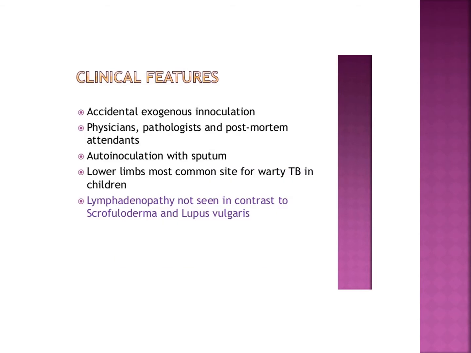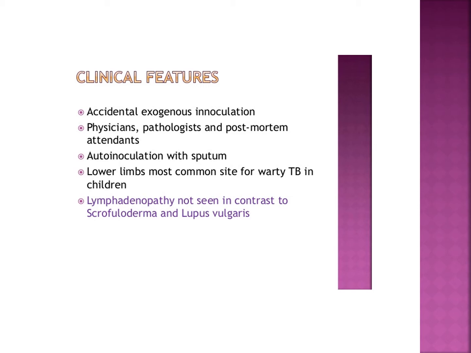Clinical features, as you have seen in the picture also. It is basically mostly found on the external parts and on the limbs, because it is an inoculation type, and characteristically lymphadenopathy in the surrounding area is not seen.